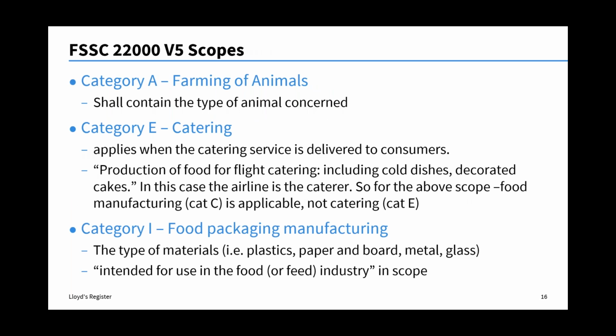So when we talk about the scopes for separate categories, for category A, which is farming of animals, the scope statement shall contain the type of animal concerned. So it should clearly mention what type of animals are involved in the scope of certification. If it is food chain category E, which is catering, this applies when the catering service is delivered directly to consumers.